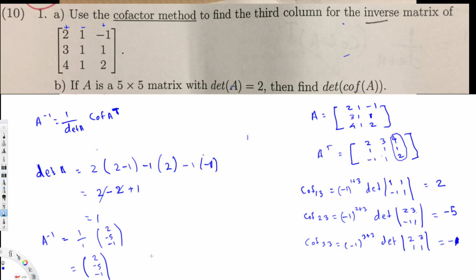And the next question is asking, if A is a 5 by 5 matrix with a determinant of A, then find the determinant of cofactor A. So let's see how we can do this.